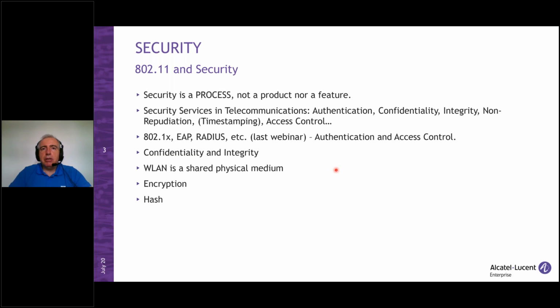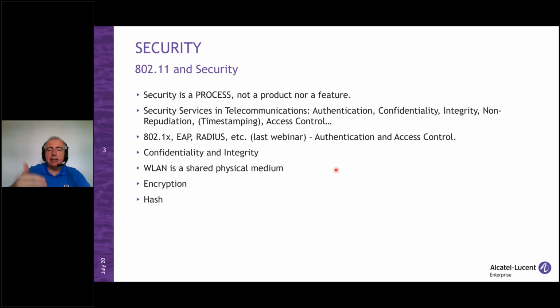We have integrity as well, which is another part that we are covering today. Integrity is a mechanism that allows us to guarantee that the information I'm going to send you is not modified somehow in the middle. So if I'm going to say hello world, you should receive hello world and not bye world or whatever.